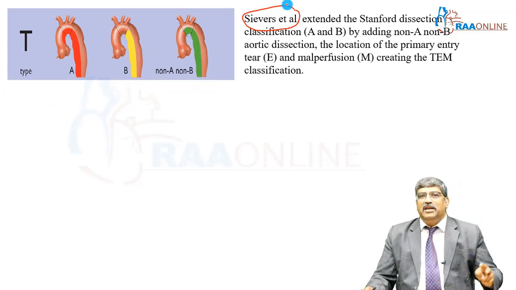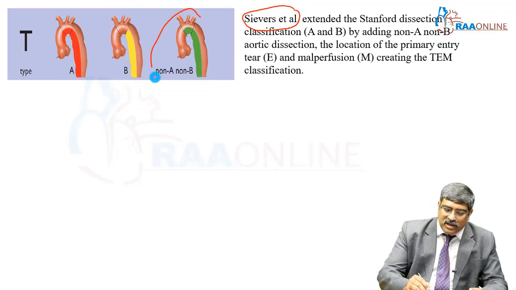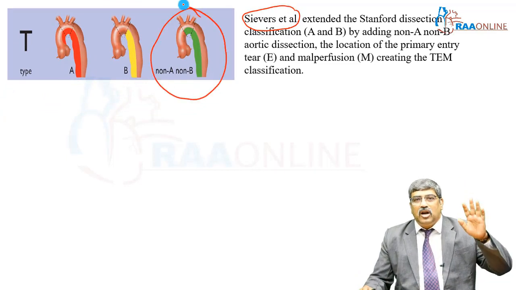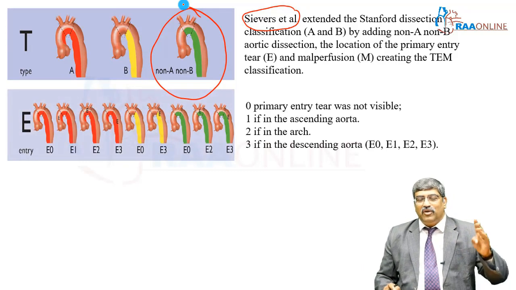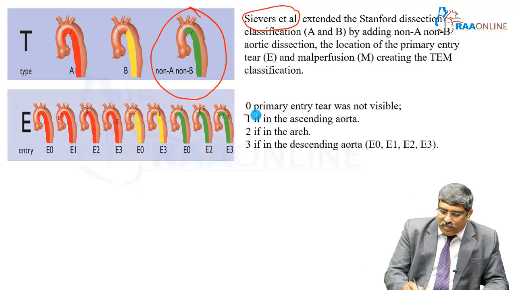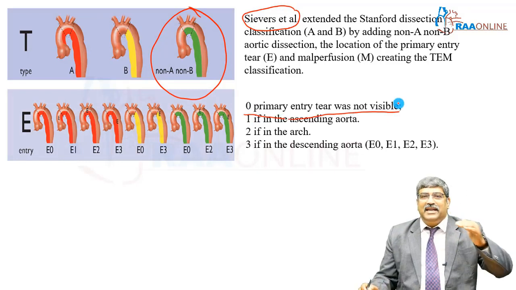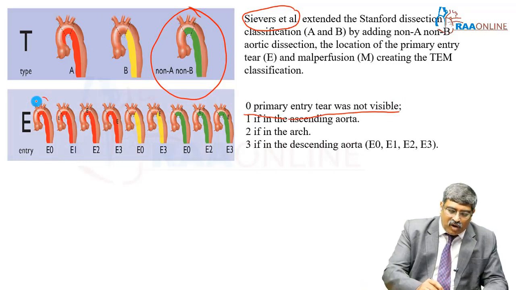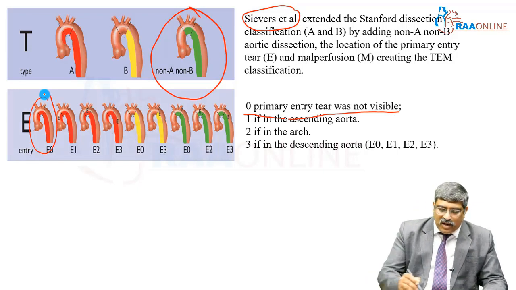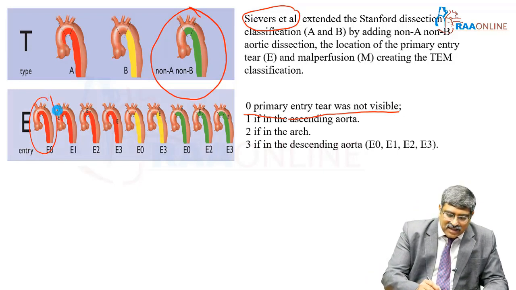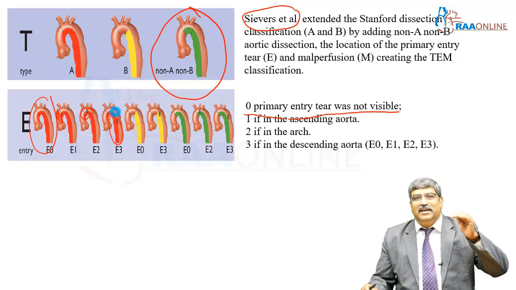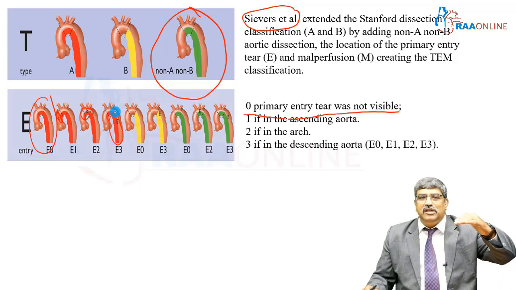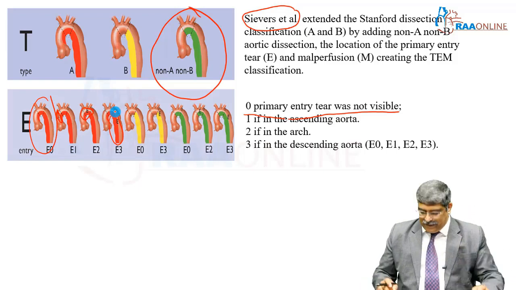In the type, he added one more addition to the Stanford classification, non-A and non-B, and entry he divided into 4 subtypes. 0 means the primary entry tear, the intimal flap is not visible. 1 is if it happens in the ascending aorta, 2 is if it happens in the arch, and 3 is if it happens in the descending aorta. So, it can be E0, E1, E2 and E3.